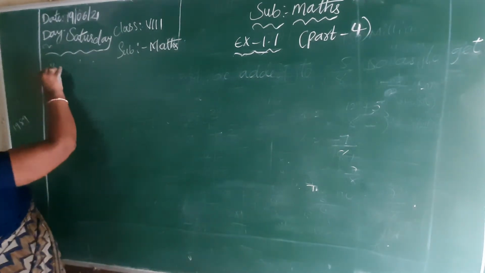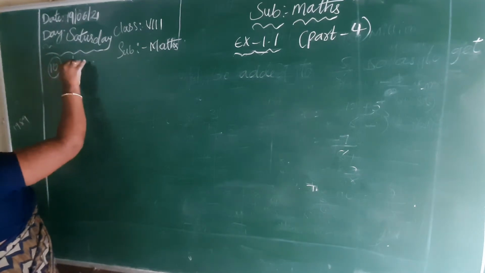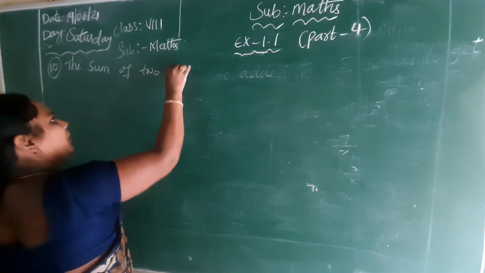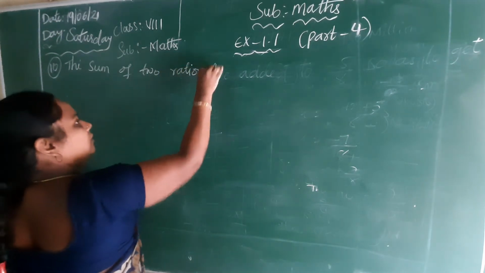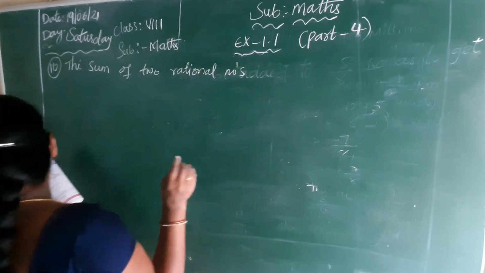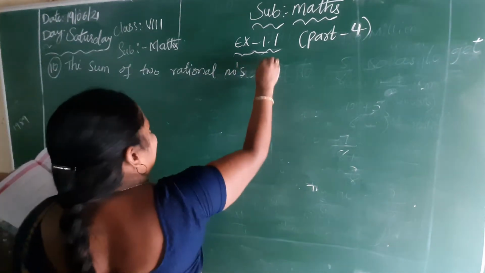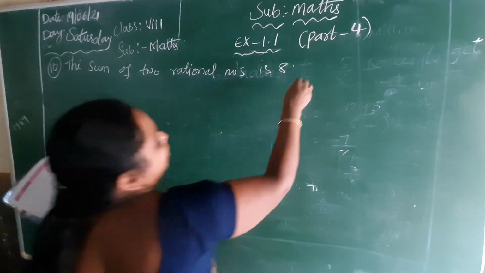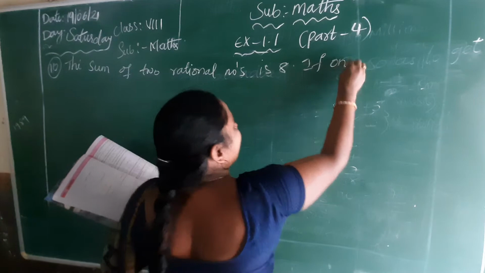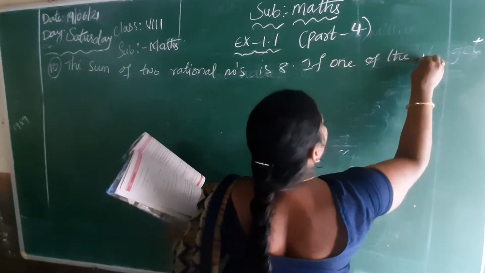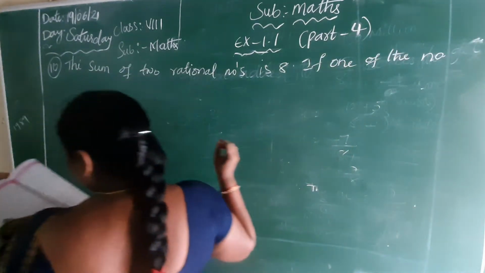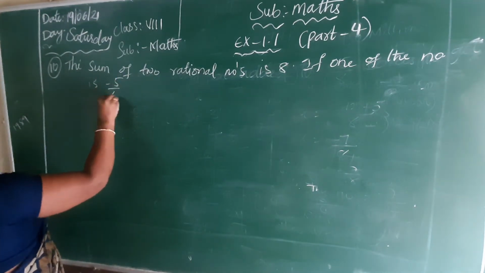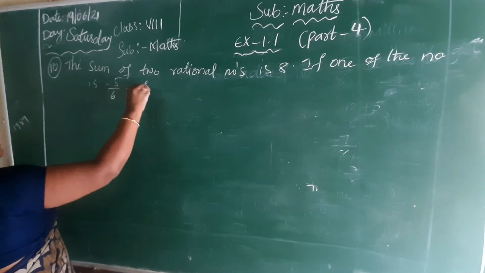The sum of two rational numbers is 8. If one of the numbers is minus 5 by 6, find the other.